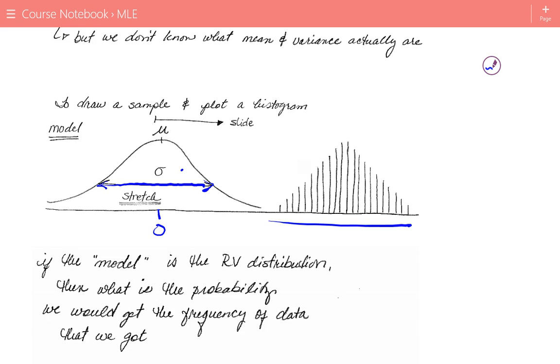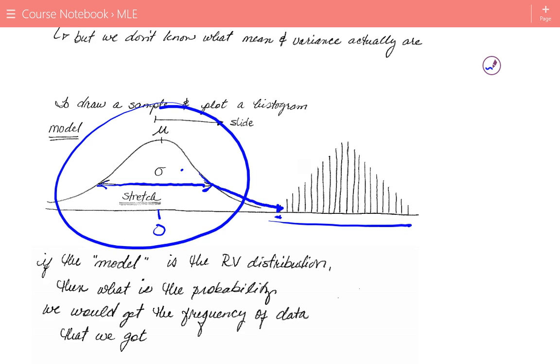And we can ask the question, if this were the distribution, what is the probability that we would get the data that we got? So if this is what we were drawing our random variables from, would we get this number of observations represented by this part of the histogram? Well, what's the probability of doing so? So we would calculate under this curve, which goes all the way down like this.